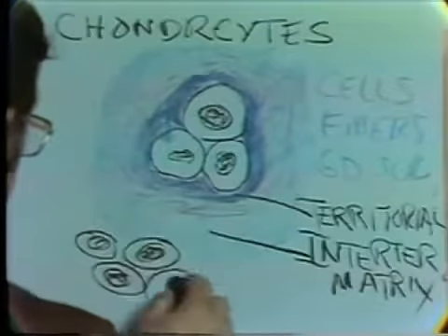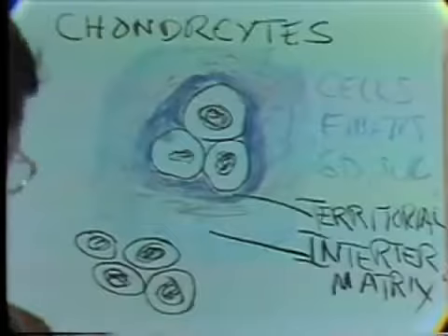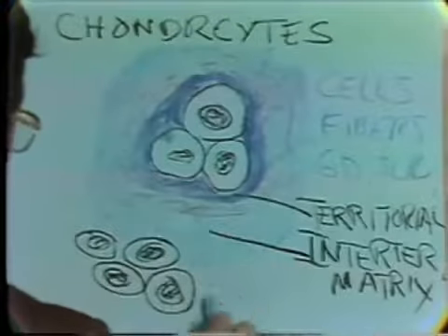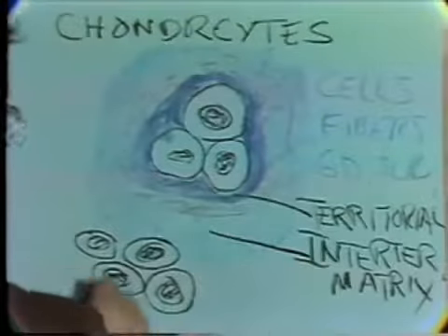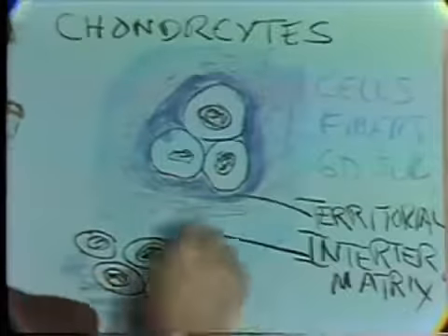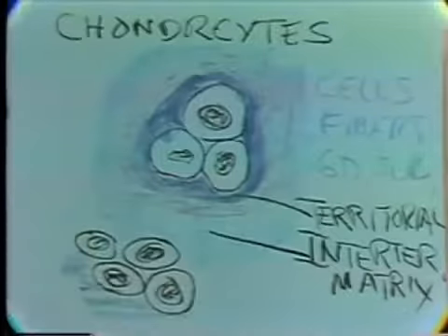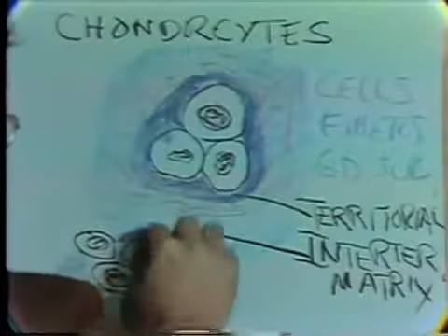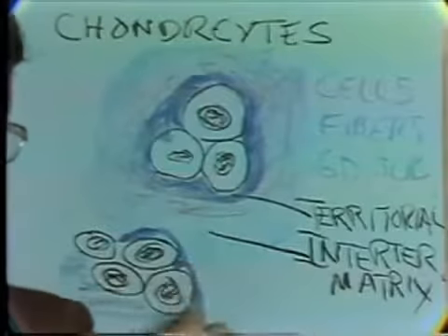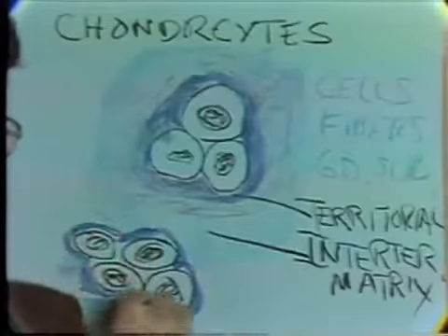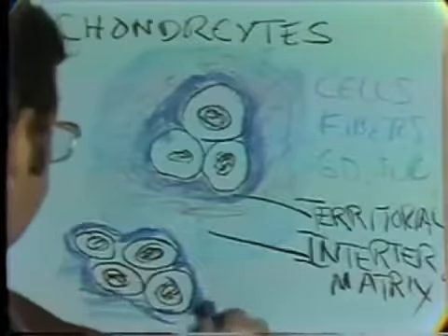One cell would divide, and you get these groups of cartilage cells. These groups are called isogenous groups, which tells you something about the fact they all come from the same one cell. Isogenous groups.